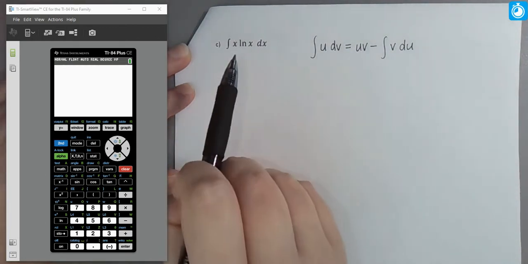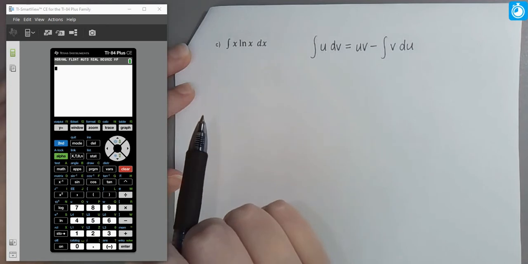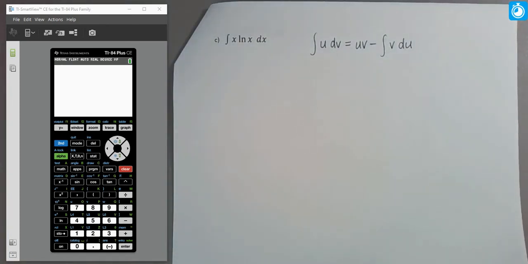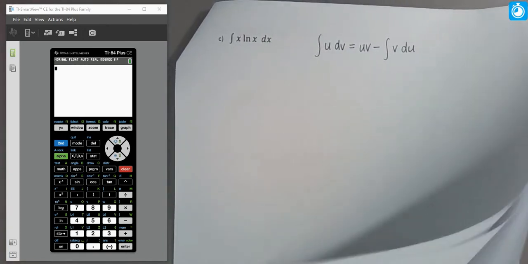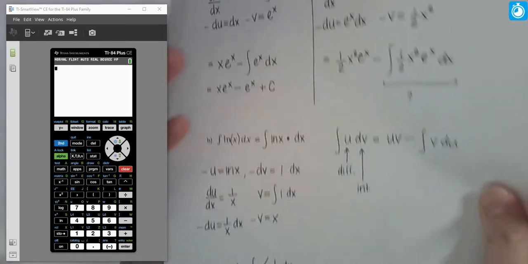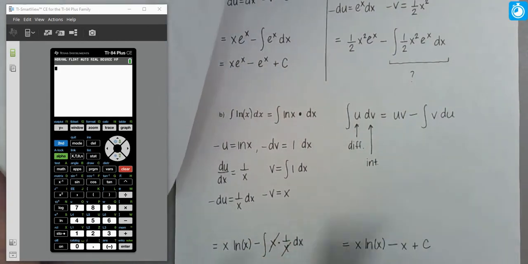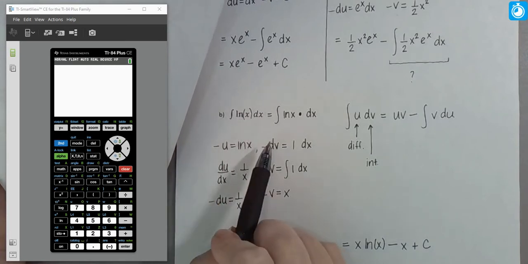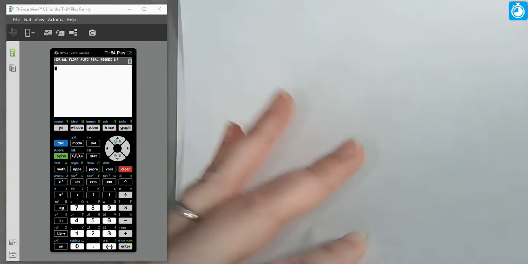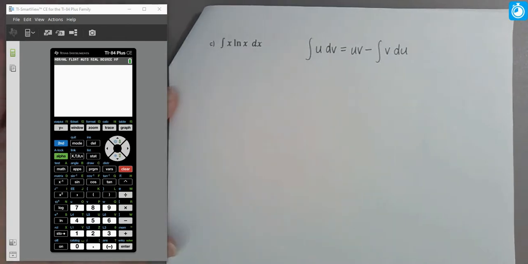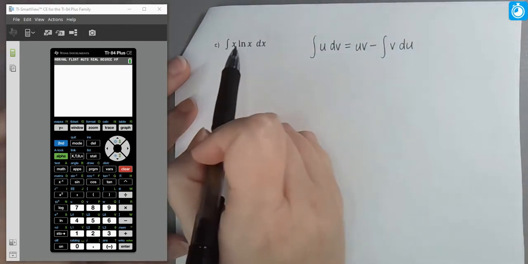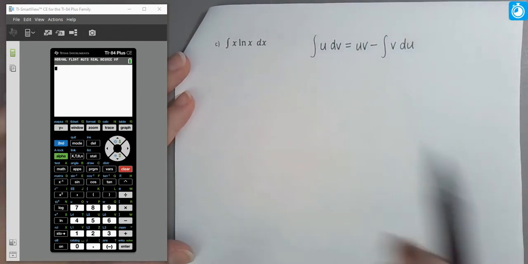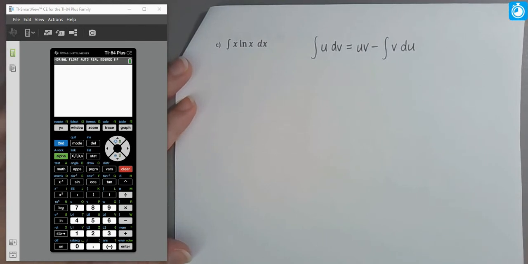Okay, so we now have a product of two functions, so more than likely we're probably not going to want to use the same approach we used right here, where u was just the function itself and then dv was just the differential. If we took that approach, then we would allow u to be x natural log of x, the whole thing, and then dv would just be dx.